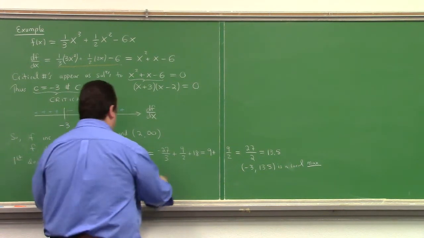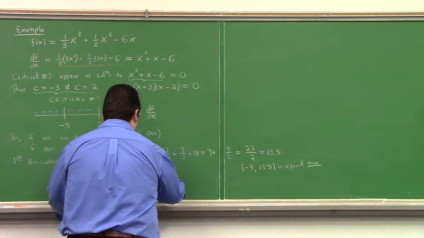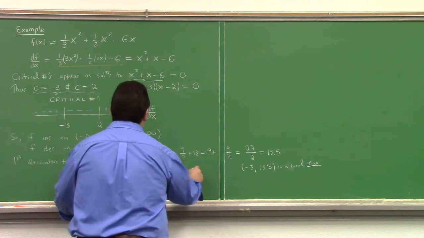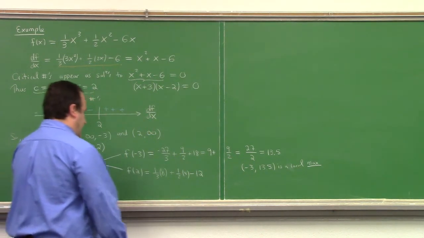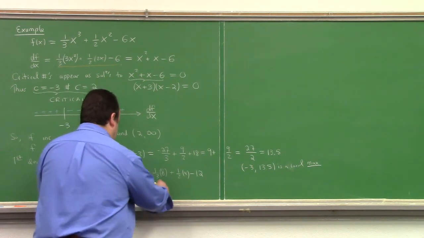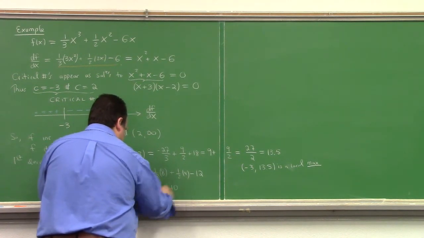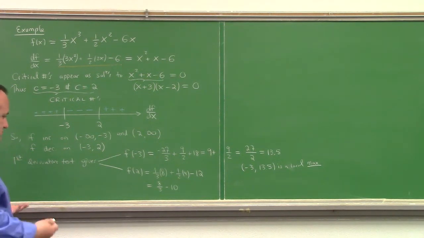F of 2: what's f of 2 equal to? 1/3 times 8, plus 1/2 times 4, minus 12. That's 8/3 minus 10, which is 8 minus 30 over 3.